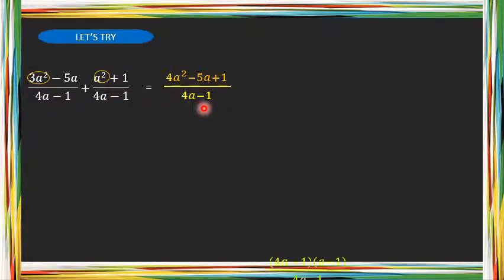Then after that, we have to factor 4a squared minus 5a plus 1, using the general trinomial where a is greater than 1. So (4a - 1)(a - 1) over 4a minus 1. As you can see, we can cancel out the 4a minus 1 here. So cancel out. So the answer is a minus 1.